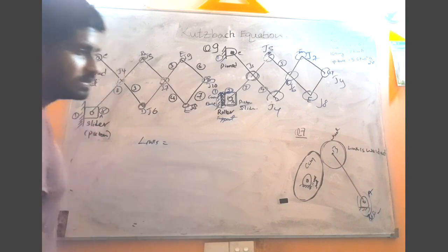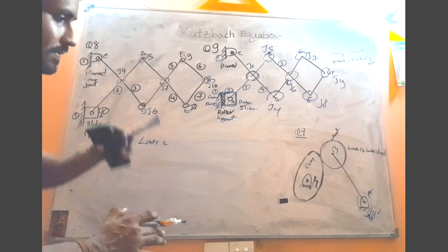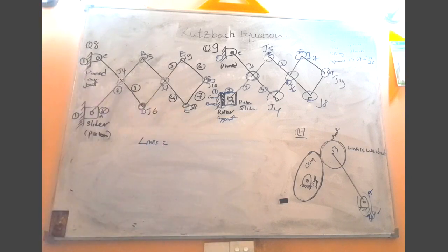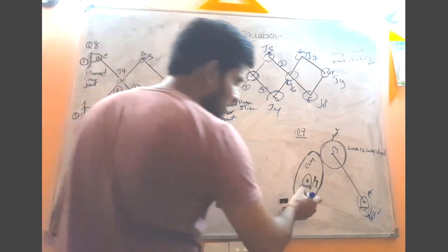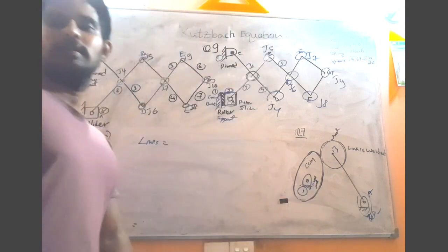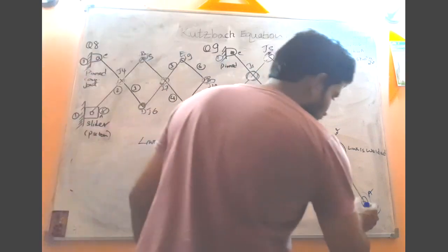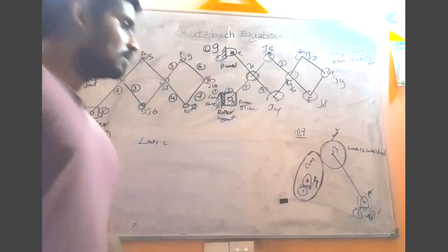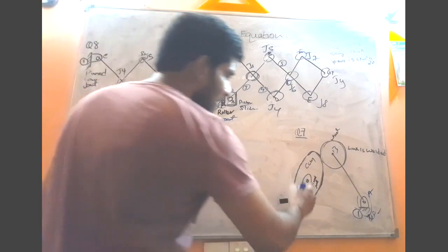So how many links do we have? We know that the first link is given to the base. So let's name the base number 1. What is the second link? Second link is this cam.